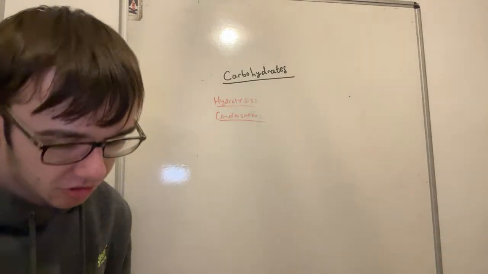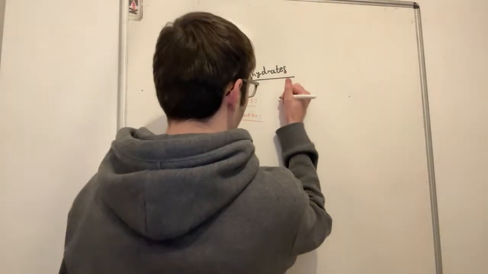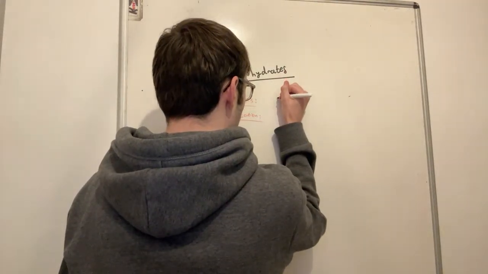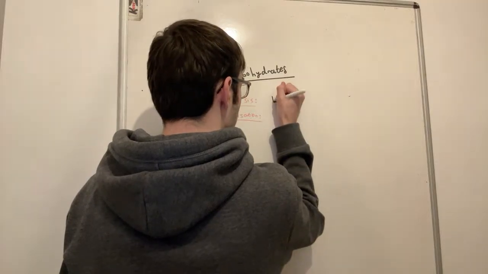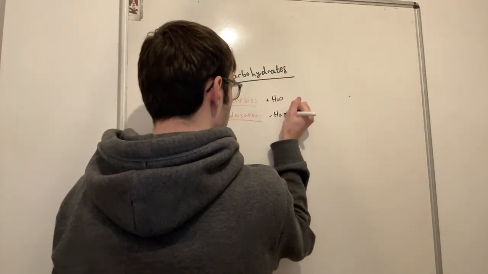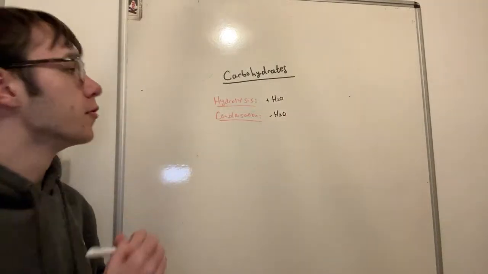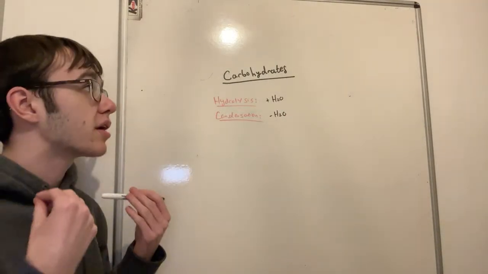Hydrolysis and condensation reactions. So, hydrolysis is where you are adding a water molecule. Condensation is where you're removing a water molecule. And what this does is it creates bonds.